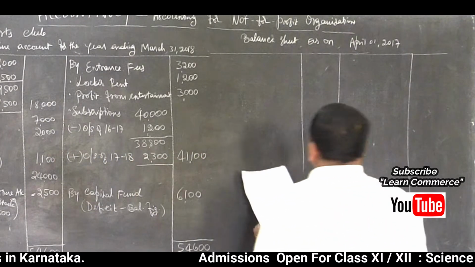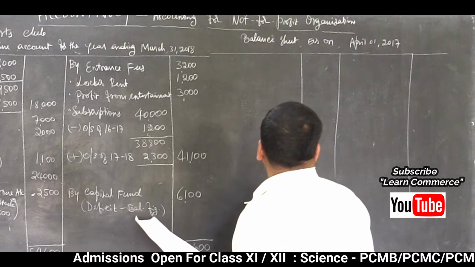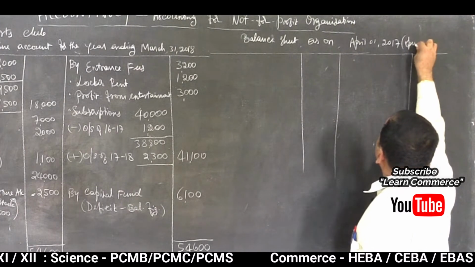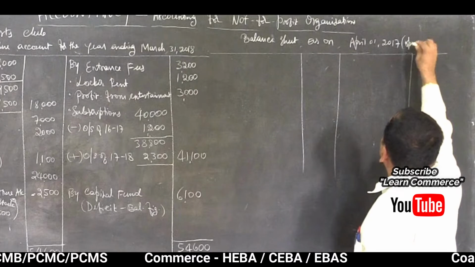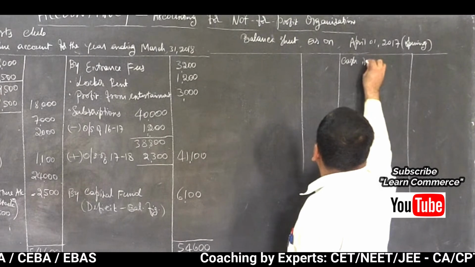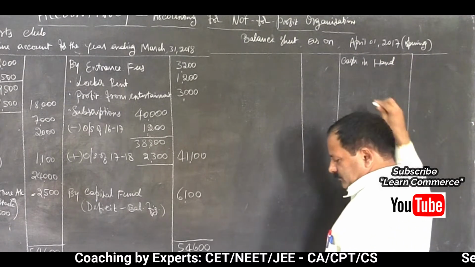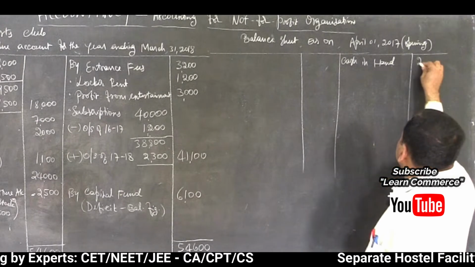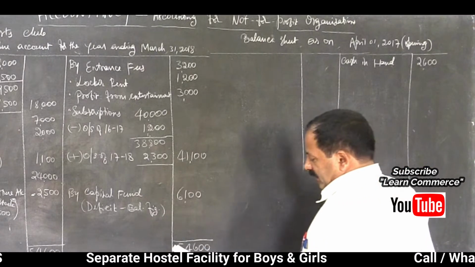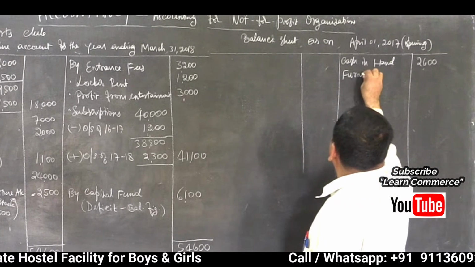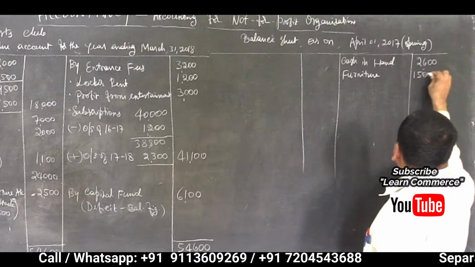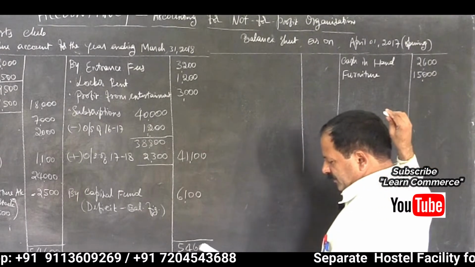Yes. Opening balance sheet. Write here opening. Let us take up, as I said, first cash in hand: 2,600. Refer receipts and payments account, opening balance, balance brought down. Then furniture given in the adjustment part. How much is it? 15,000. Outstanding subscription.